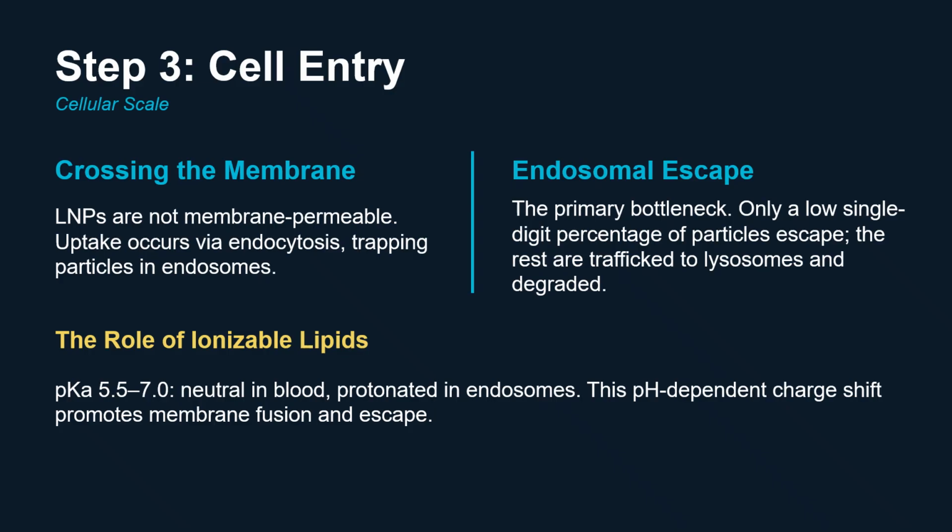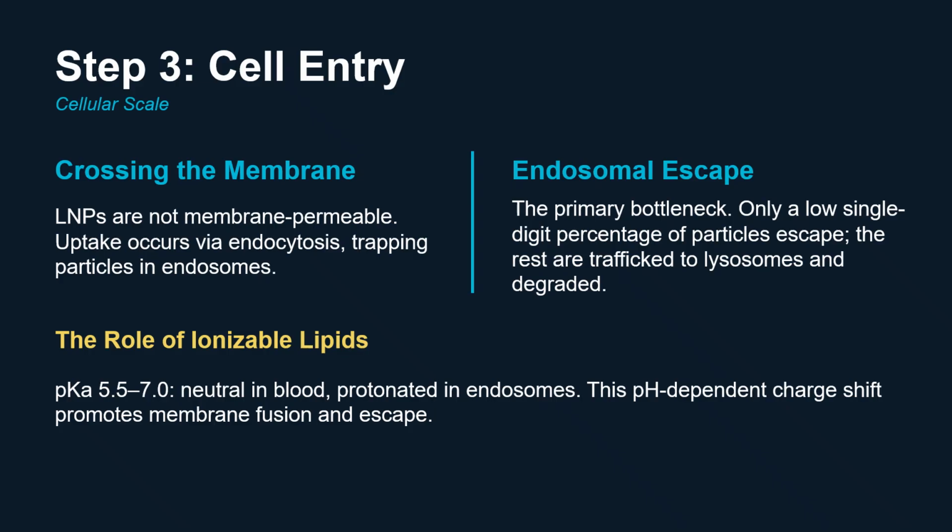And the second problem is endosomal escape. This is the main bottleneck in RNA delivery. Only a small fraction of particles ever make it out into the cytosol. Most are sent to lysosomes and broken down.